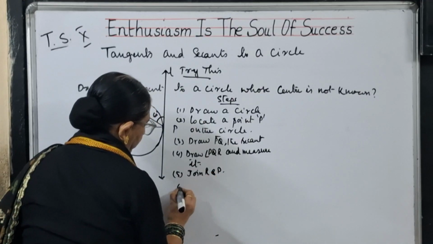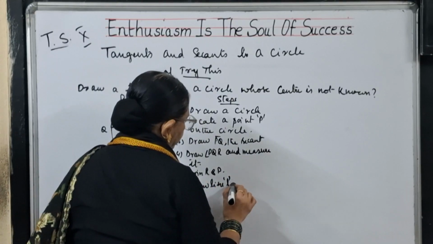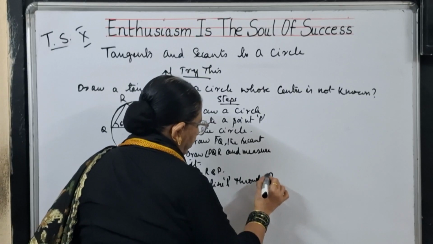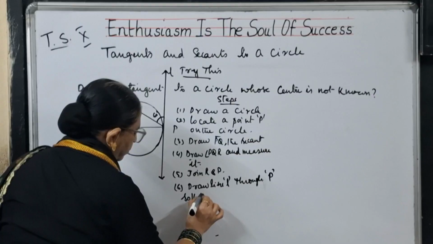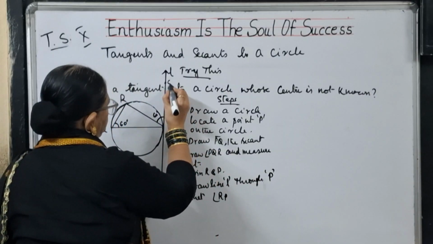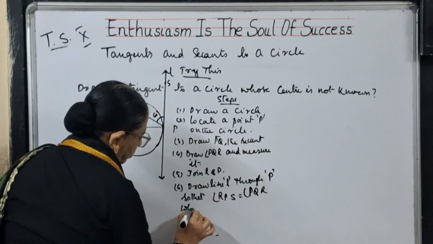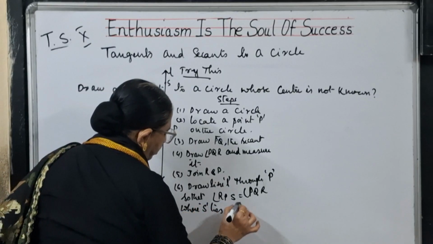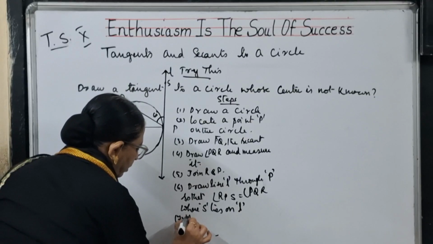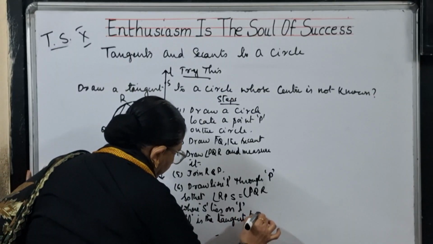And sixth, draw line L through P, so that, let me take another point S, angle RPS is equal to angle PQR, where S lies on L. I should mention it: S lies on L. So seventh, L is the tangent to the circle.